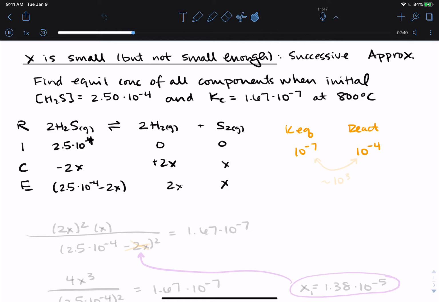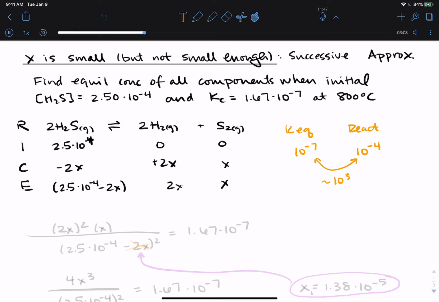I pretty much have all reactant, right? I don't have any products to start out. These are apart by 10 to the 3rd. So it's exactly equal to that comparison that I said you could do. And we really don't have any other options. So we should go forward with this and see what happens.